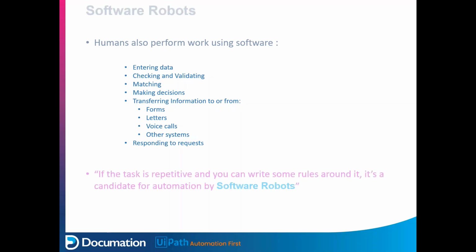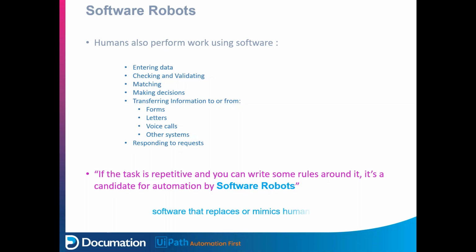But the good news is that if that work is repetitive and it's rules-based, then it's a candidate for automation by software robots. So software robots are software which can work with other software to replace or mimic human activity.